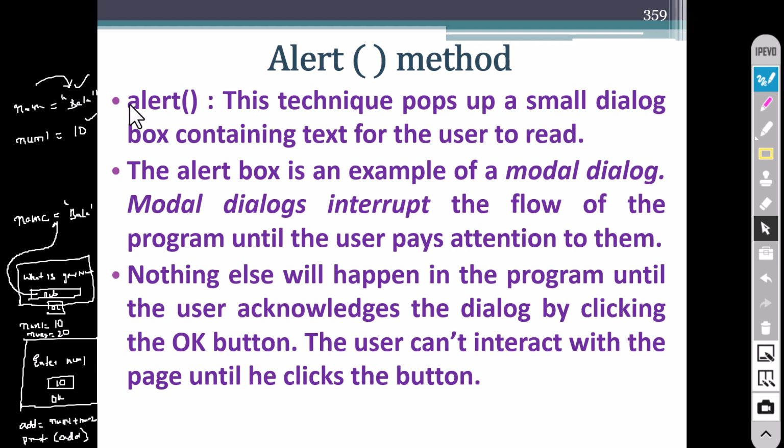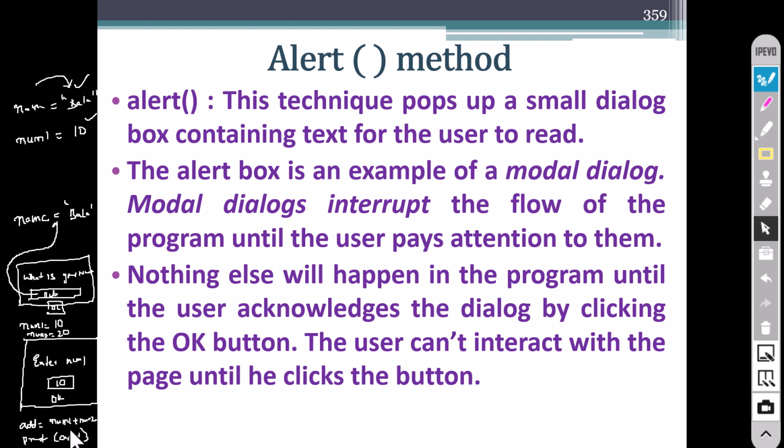Alert. So this technique pops up a small dialog box containing text for the user to read. So the alert box is an example of a modal dialog. Modal dialog interrupts the flow of the program until the user pays attention.